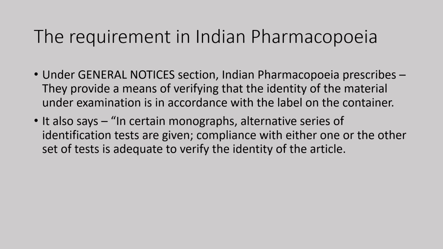Also, in certain monographs, alternative series of identification tests are given. Compliance with either one or the other set of tests is adequate to verify the identity of the article. Here there is a flexibility in the Indian Pharmacopoeia. Compliance to either of the set of tests is acceptable for verification of identity of the article when compared to other pharmacopoeias.